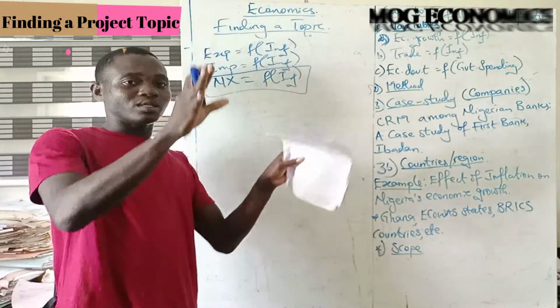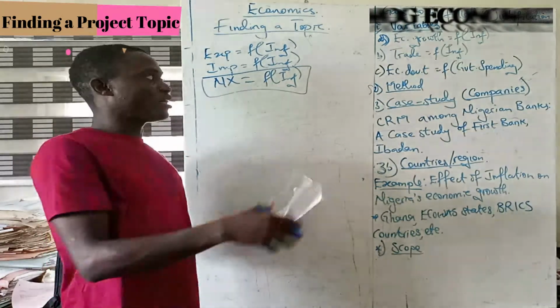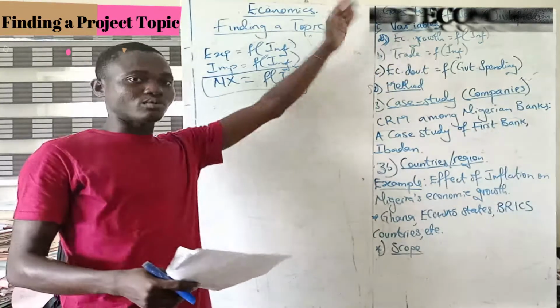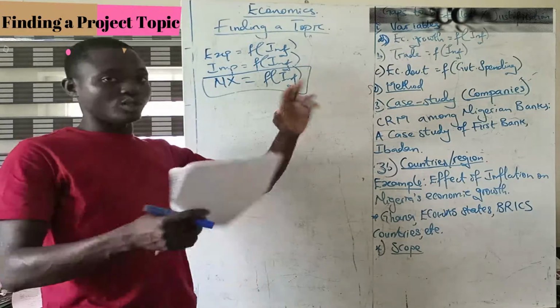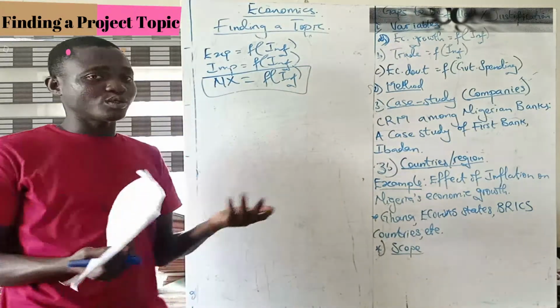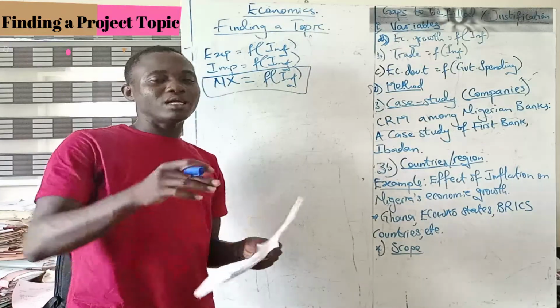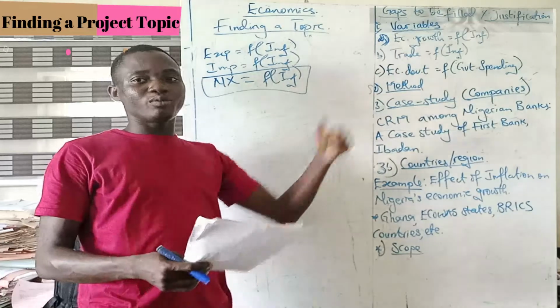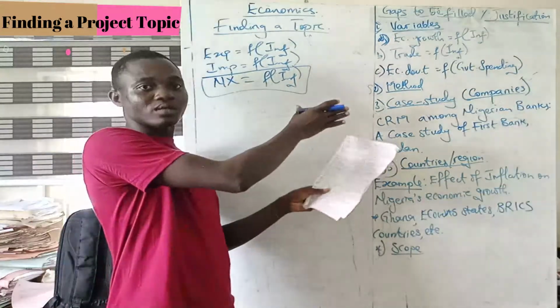That was how we settled for inflation and economic growth in what we were explaining before. But here you've looked for journals on economic development, and there was one that caught your attention, which is government spending on economic development. So you now go and download journals on government spending and economic development to see what people have done so far in line with this particular topic.